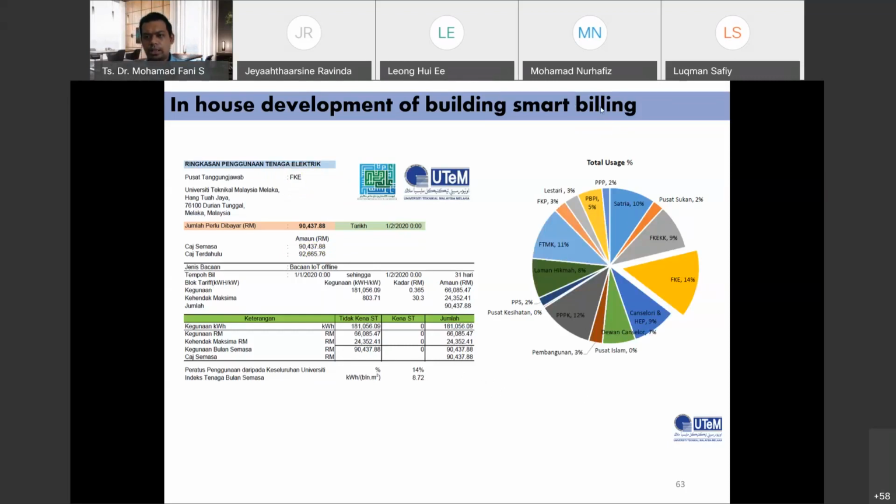It shows the status of the total usage for UTM, and the percentage load or energy breakdown for every single office or faculty. For example, here FKE represents 14% compared to the total energy usage in UTM.